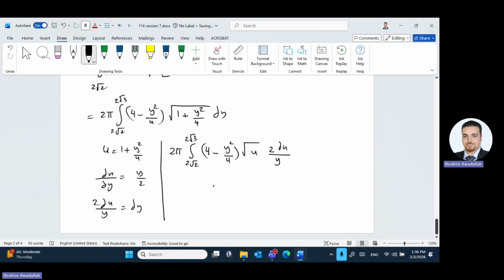Multiply y here, it will be 4 over y minus y over 4.